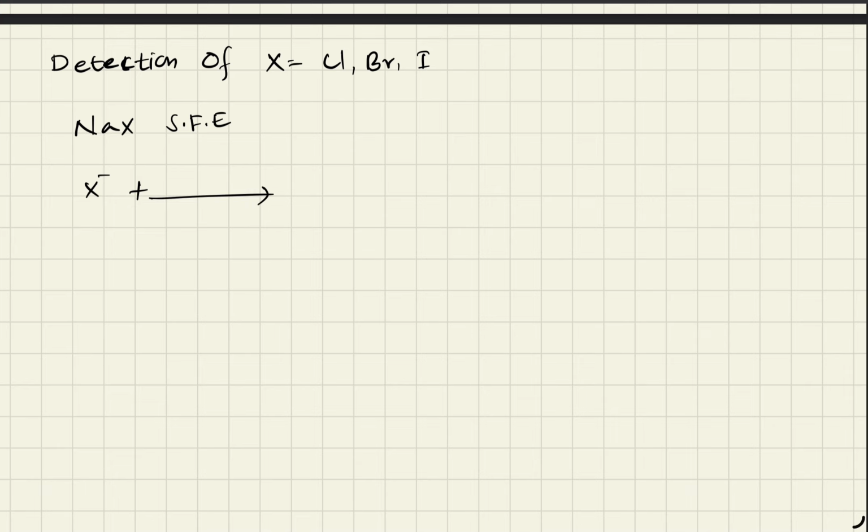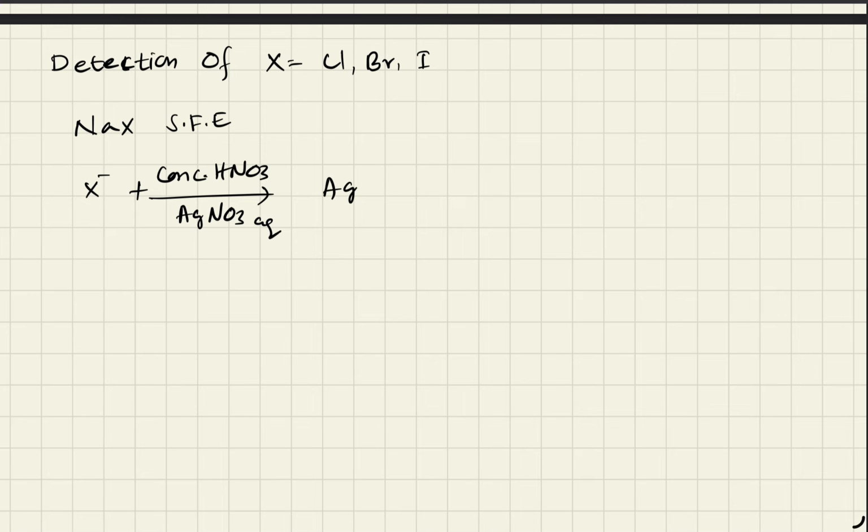Next, detection of halogens. Halogen means chlorine, bromine, iodine. So now NaX is the sodium fusion extraction, and I am taking X minus. This is treated first with concentrated HNO3; why it is used, I will tell later. Then use aqueous AgNO3.